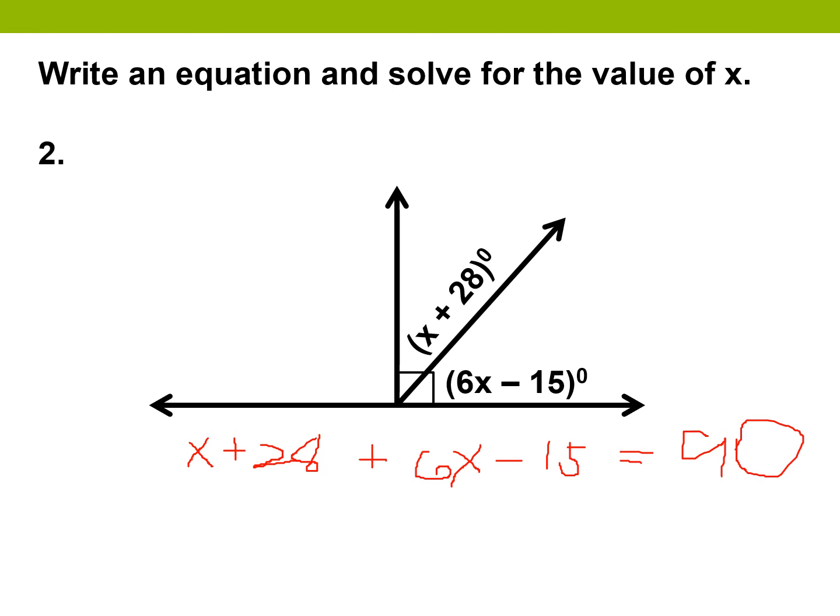Okay, so combining like terms, we have 7x is equal to 90.